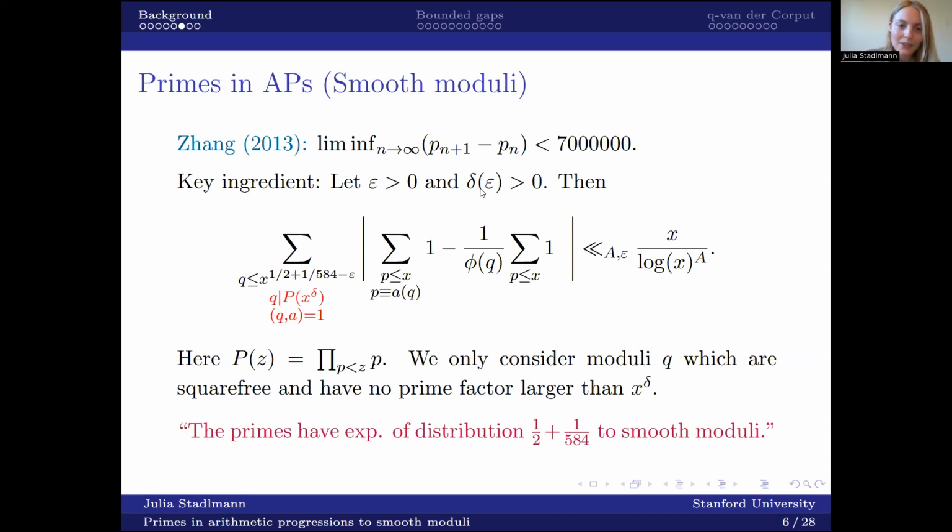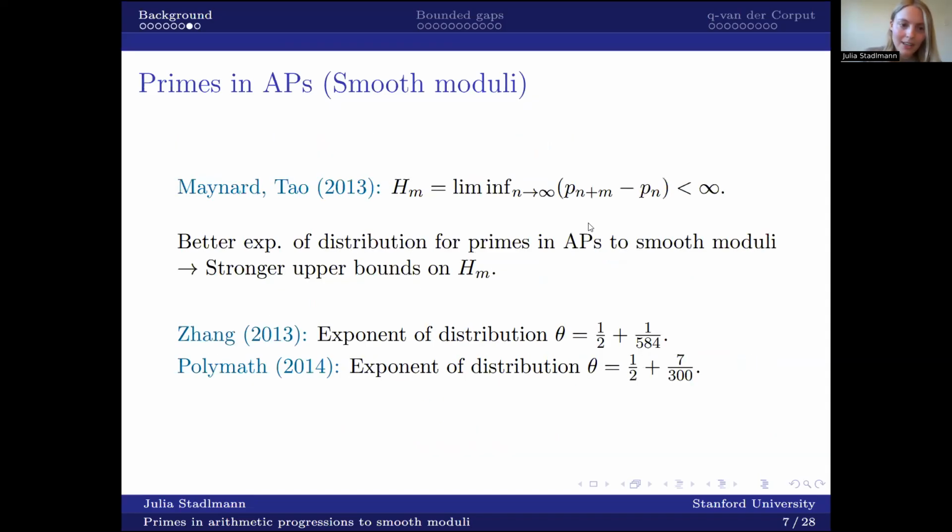So Zhang used this to show that there is a gap between two primes that appears infinitely often. And Maynard and Tao independently generalized this to gaps between n+1 primes. So if you look at gaps between n+1 primes, then there's also a gap length that appears infinitely often.